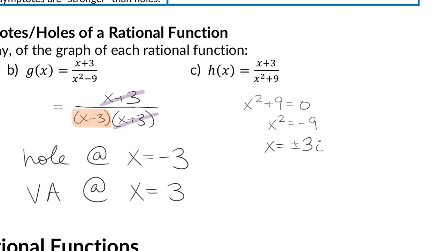So there are no holes and no vertical asymptotes for this particular graph, because the denominator cannot ever be 0. We saw that from the front page. So there's no holes and no vertical asymptotes. Because of the i? Because of the i, correct.